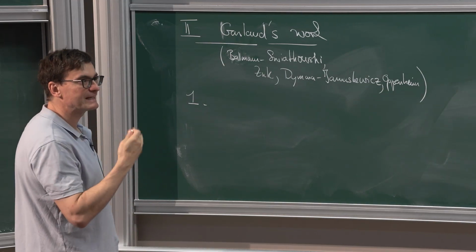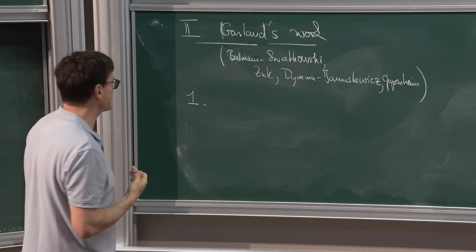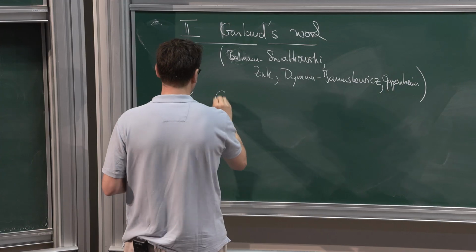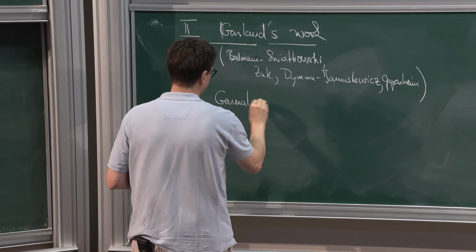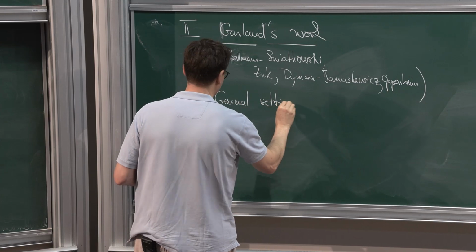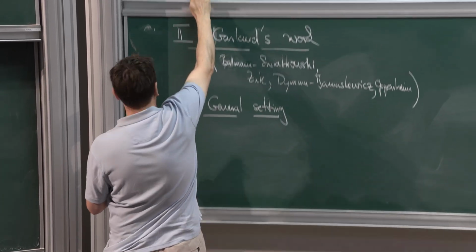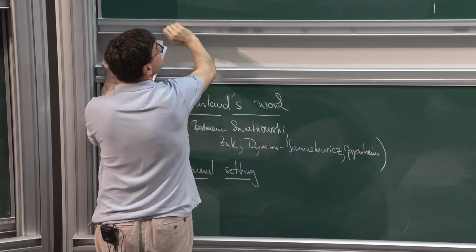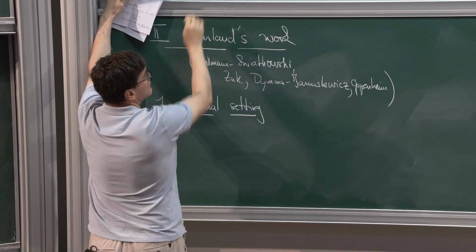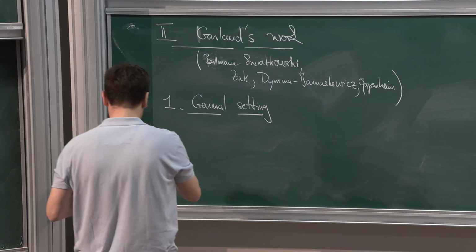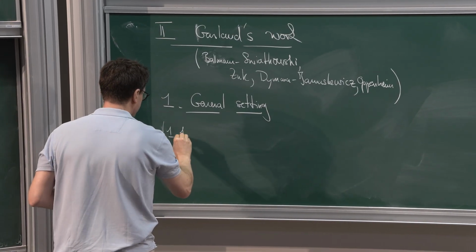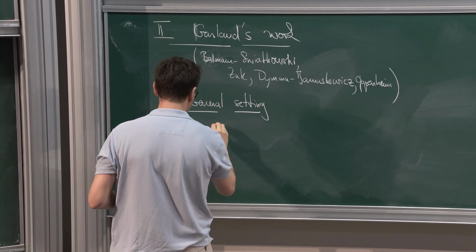People talk about the Garland method because there's a general method behind it, not just a single theorem. So general setting. What's the rough idea of showing vanishing?